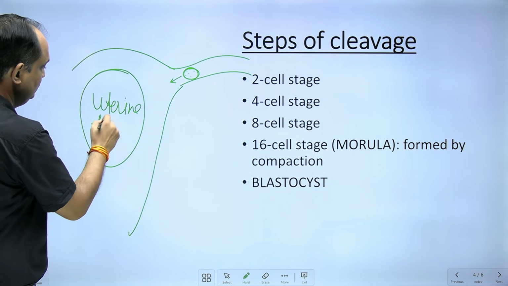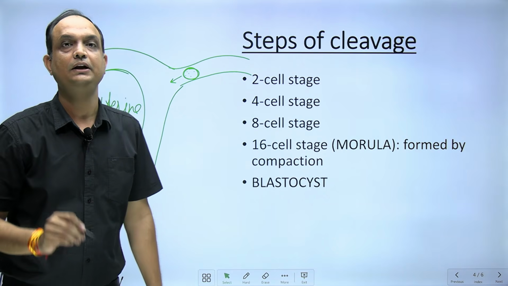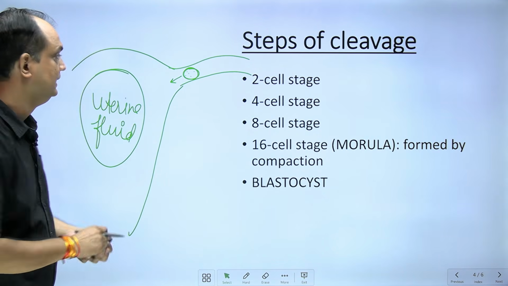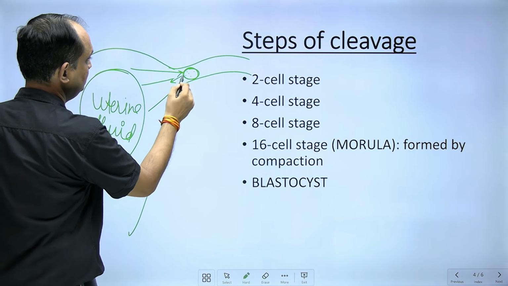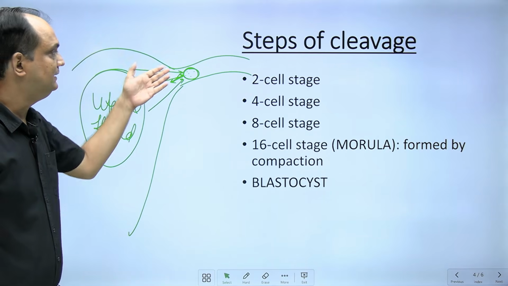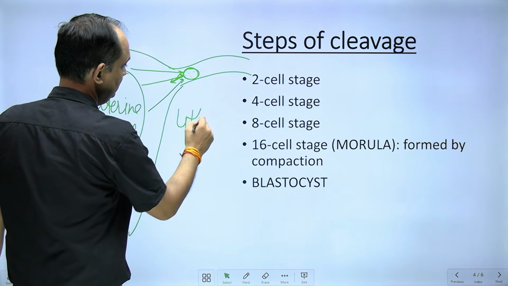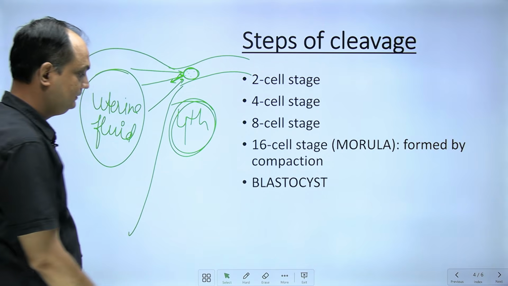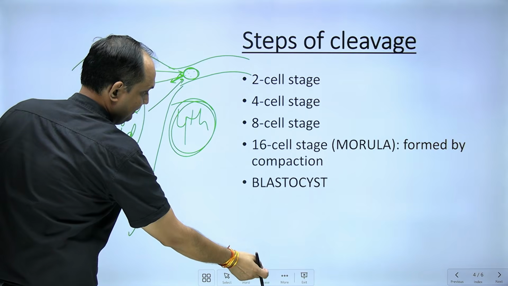This uterine fluid is also known as uterine milk, because this fluid is full of nutrients, and it will start to enter inside the morula. On the fourth day of fertilization, what will happen? Now the scenario will change. So let's see what will happen next.